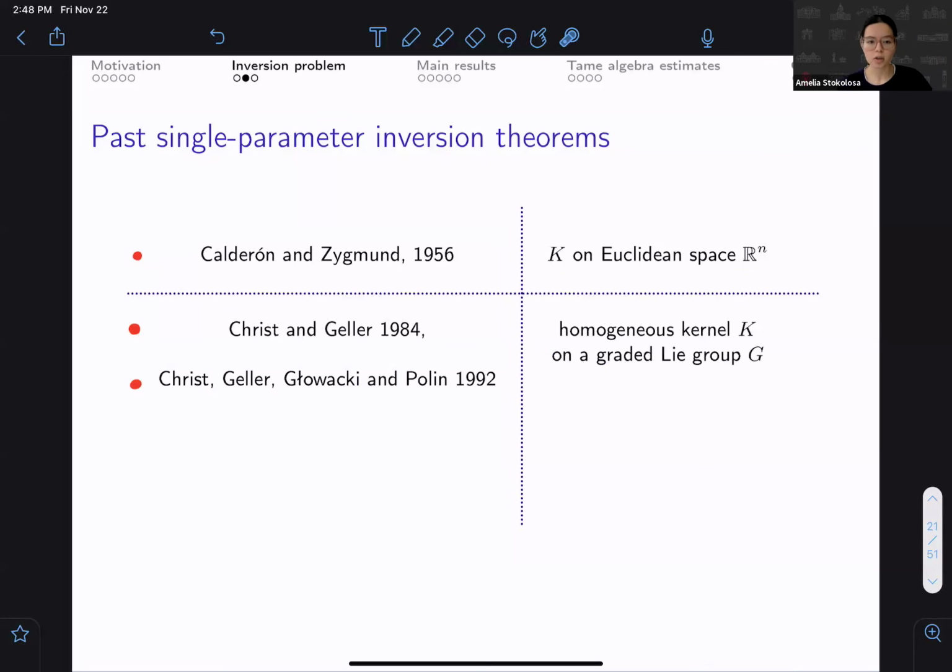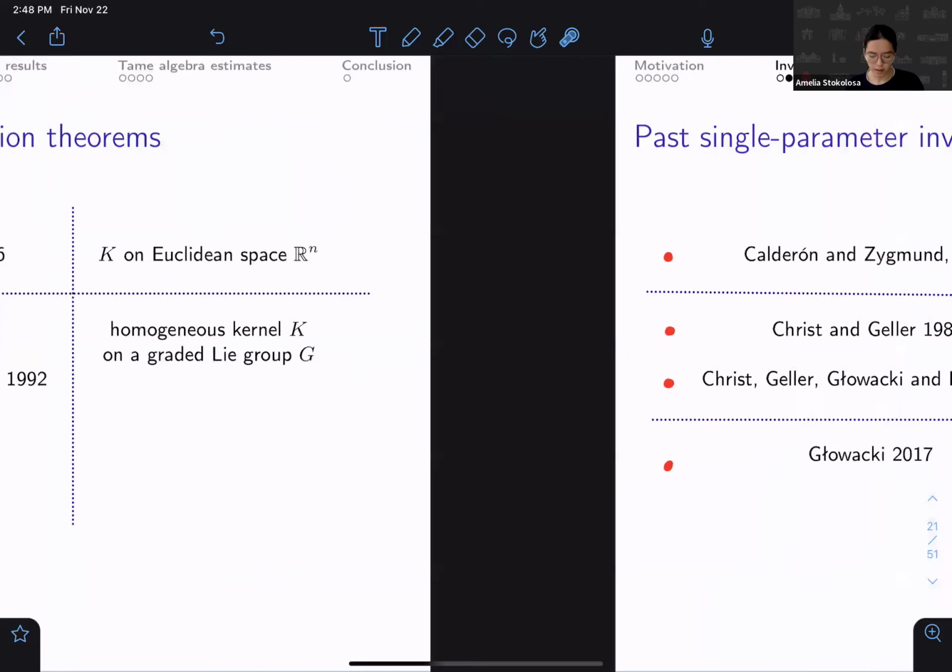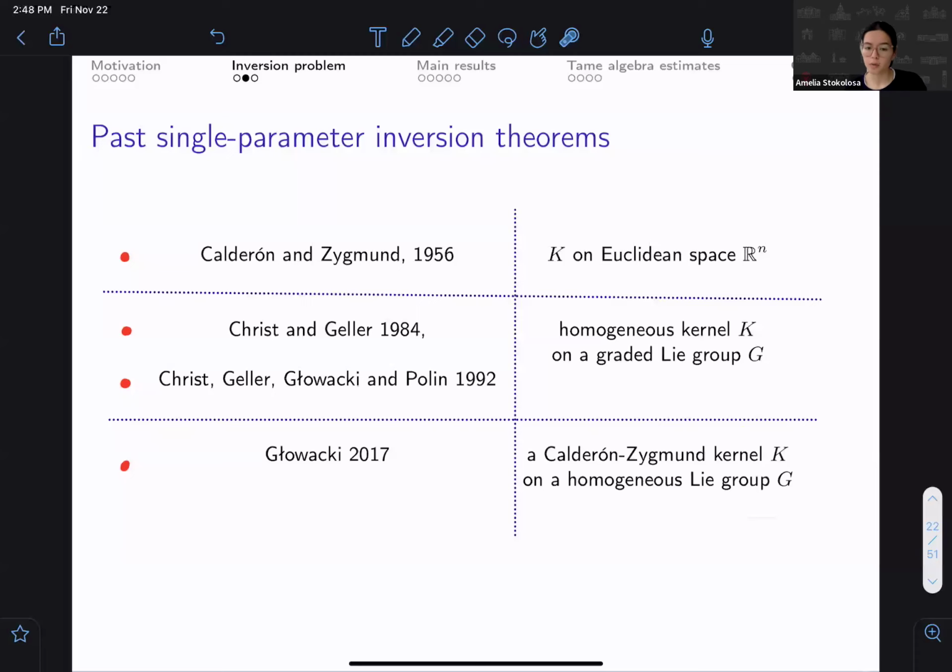Later on, Christ, Geller, Glowacki, and Polin studied the non-commutative setting. And I spent a lot of time looking at these two papers and building upon them. There's also been more recent work by Glowacki in 2017, where Glowacki studied kernels that were no longer homogeneous, that were almost homogeneous on a homogeneous Lie group.